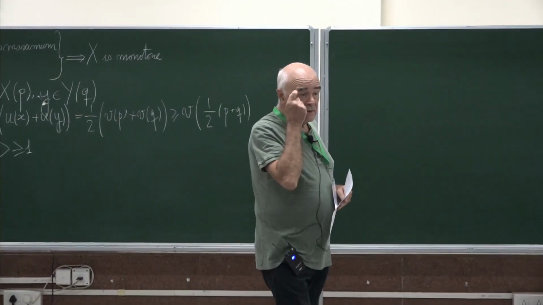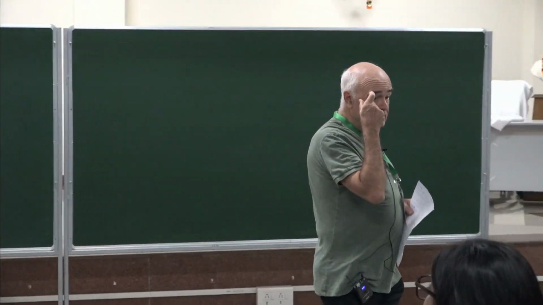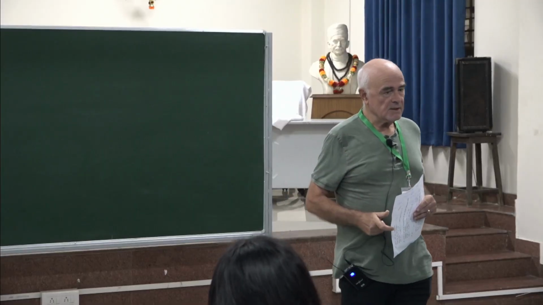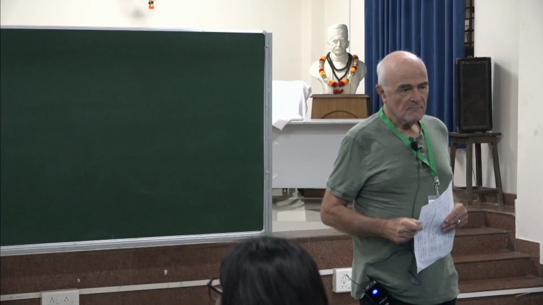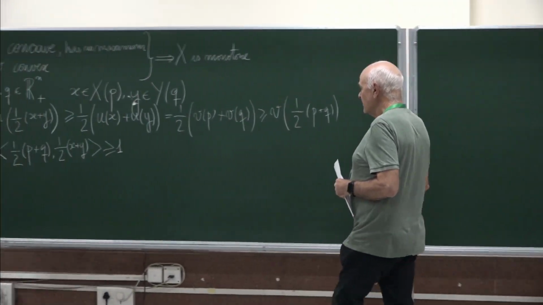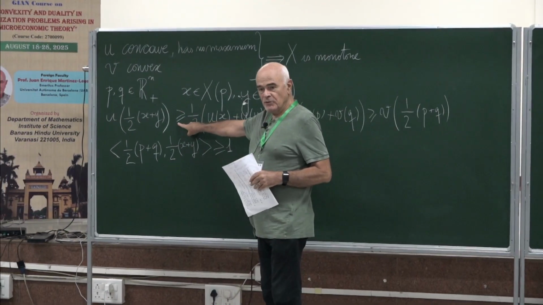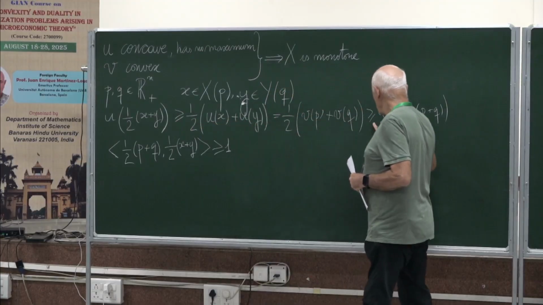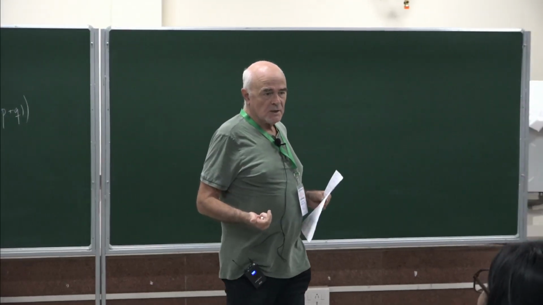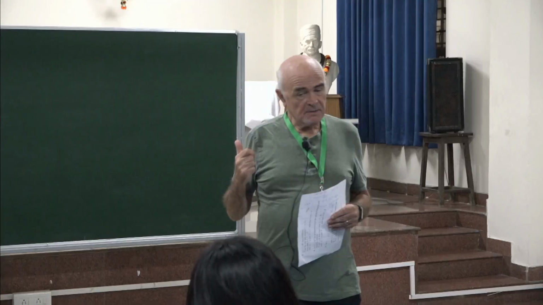Do you agree with this? What's the assumption that guarantees that this inequality holds? What have we used of the assumption so far? Concavity of U, convexity of V. Sometimes we have to use that there is no maximum for U. And that's the point.